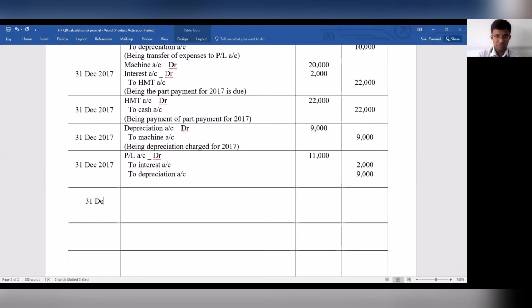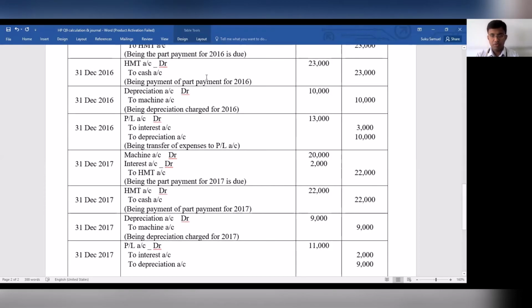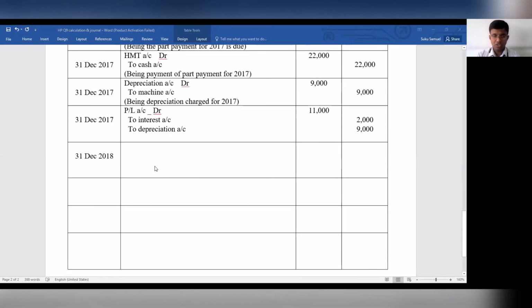Now let's move on to 31st December 2018. The very first entry here would be for the part payment becoming due. How do we show that?